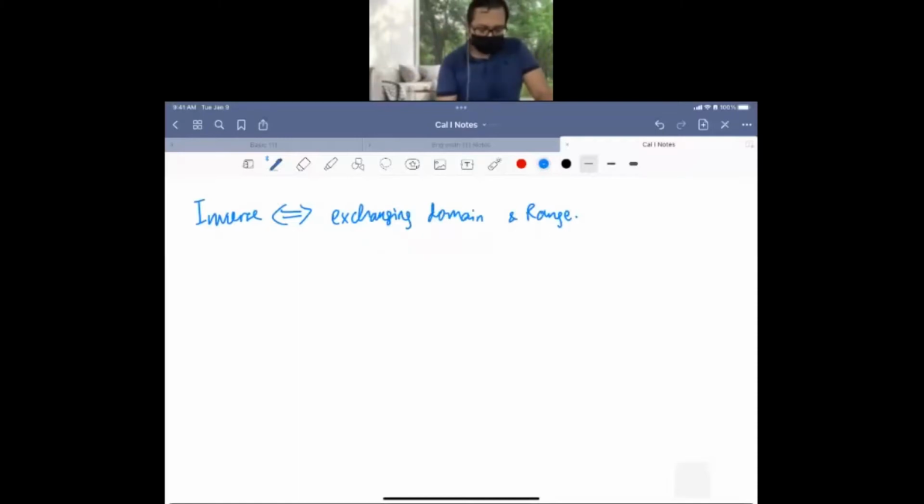But we can also visually do it, which means reflecting a function. Let's say reflecting functions through or about the line y equal x.